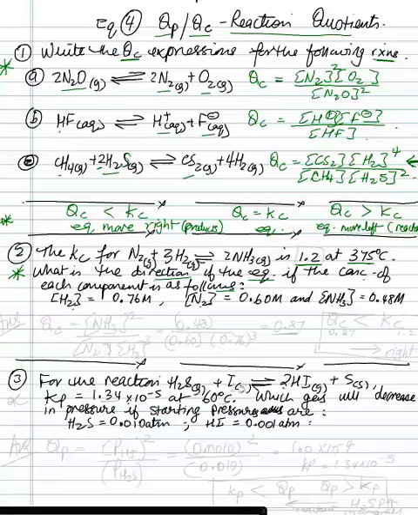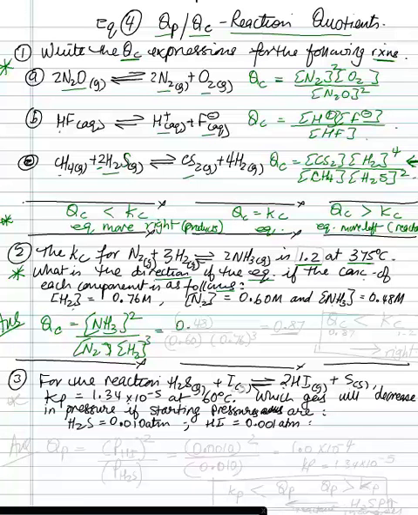So all we have to do is set up the QC for this. QC is equal to ammonia, our product, NH3, squared, over N2, which is only 1 mole, and hydrogen, which is 3, so it's cubed.